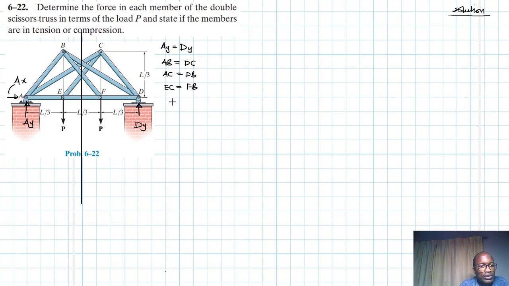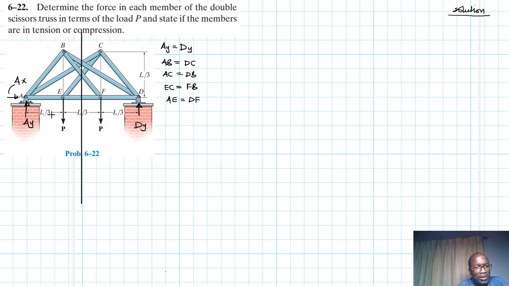And then member force AE to be equal to DF. All right. Is that fine? It is. So we expect this occurrence, which makes the problem much easier.